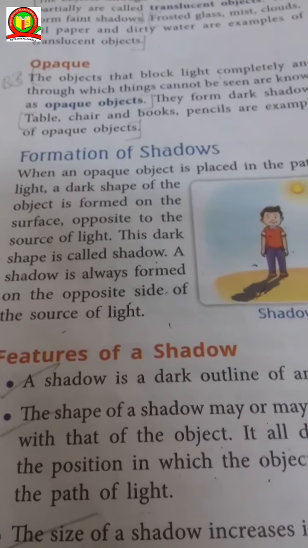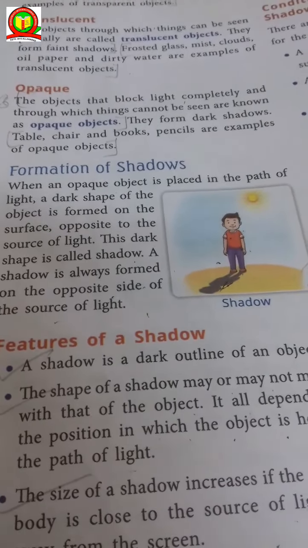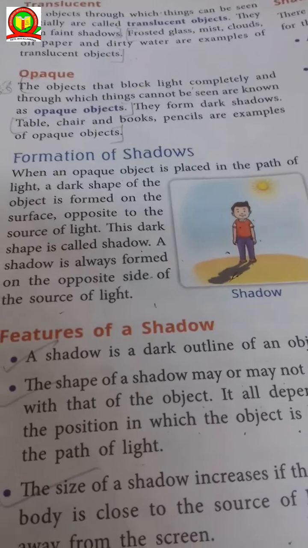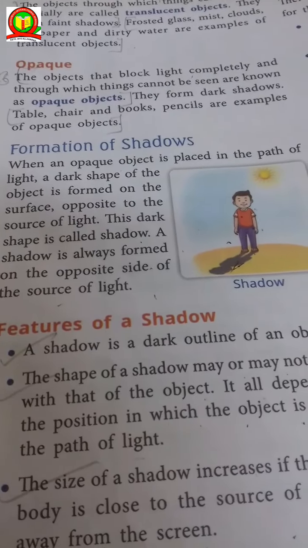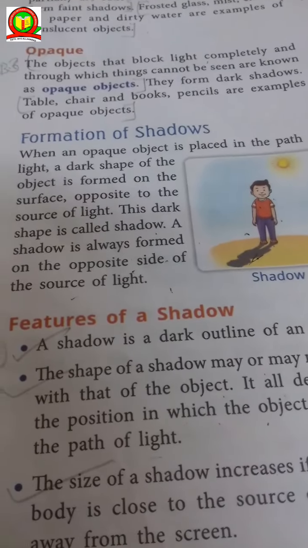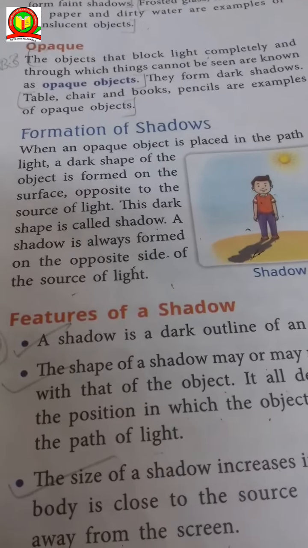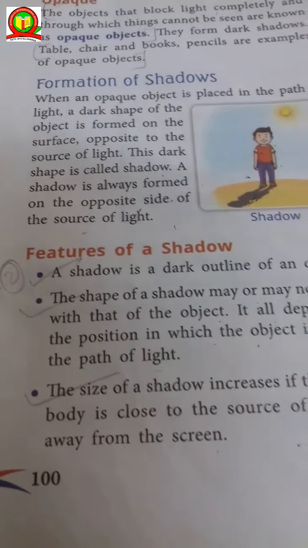And formation of shadow. When an opaque object is placed in the path of light, a dark shape of the object is formed on the surface opposite to the source of light. This dark shape is called a shadow. A shadow is always formed on the opposite side of the source. Now, features of shadows.